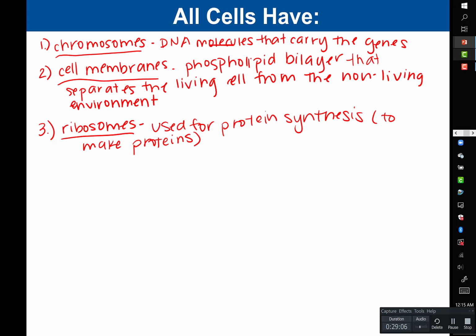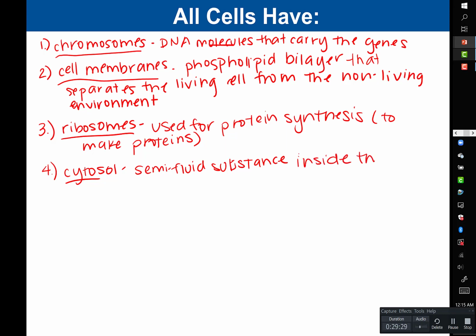And the last one is what's called cytosol. And this is the semi-fluid substance inside the cell membrane.